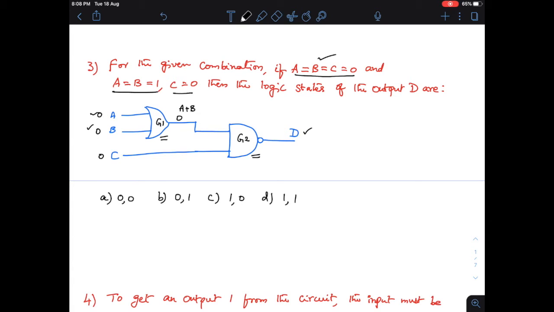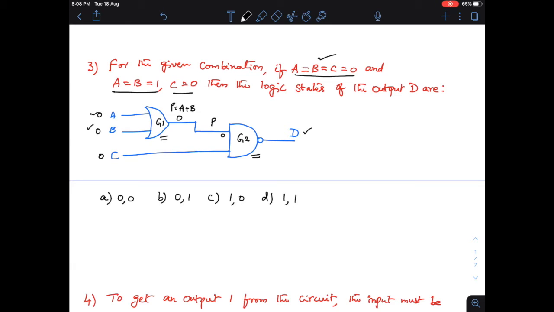That means the output of this, let us say I will put it as P. So, here P is 0 and C is 0.